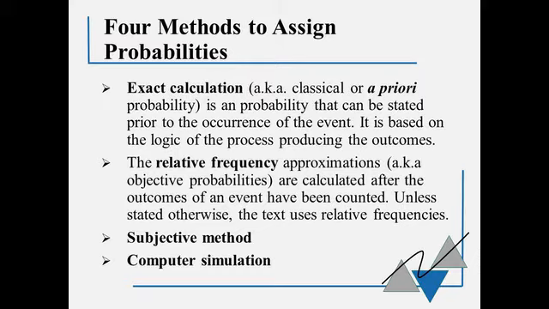The third method to assign probabilities is called the subjective method, and we use this kind of probability all the time. Essentially, objective means we've tried it out, we see what happens. Subjective means we're not trying it out, we're just making a guess. If I say, I think Clemson has a really good chance to win their next game, that's a subjective probability.